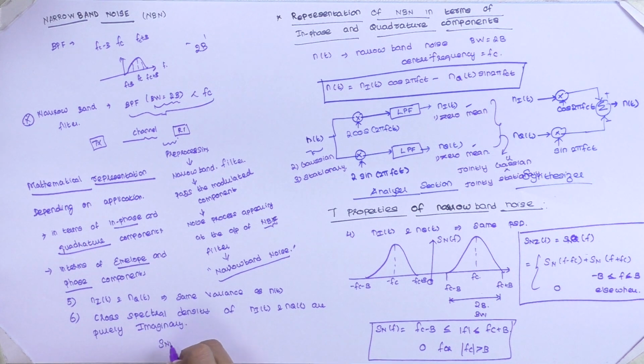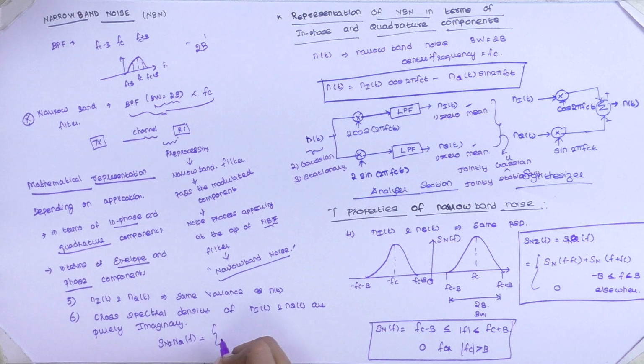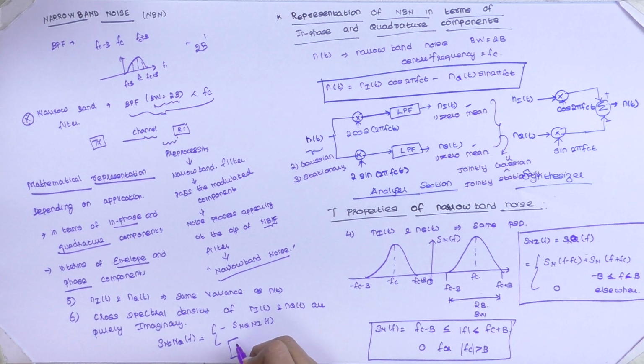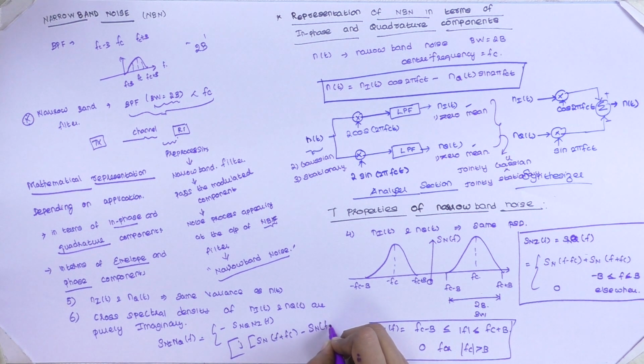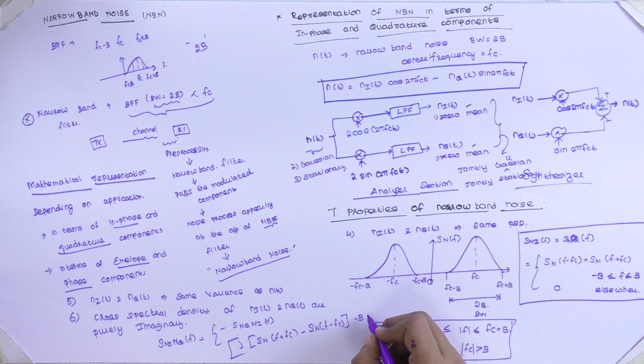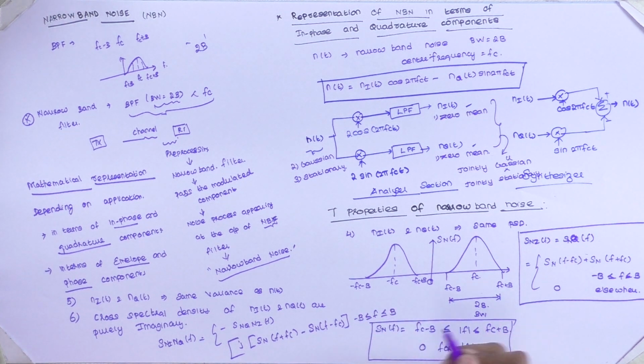Therefore, our SNiNq of F is expressed as minus SNqNi of F, or it can also be represented as J into Sn of F plus Fc minus Sn of F minus Fc, for minus B less than or equal to F less than or equal to B, and 0 elsewhere.